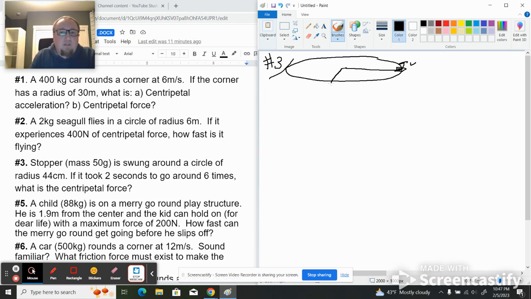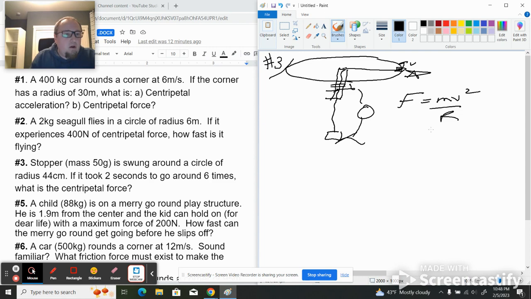We had a little pen tube, the string went through the tube, and at the bottom we had a weight hanging from it. You guys held this with your hand right here and swung it around. So this stopper feels the centripetal force, so it's mv squared over r.